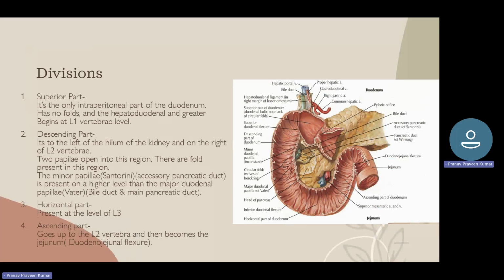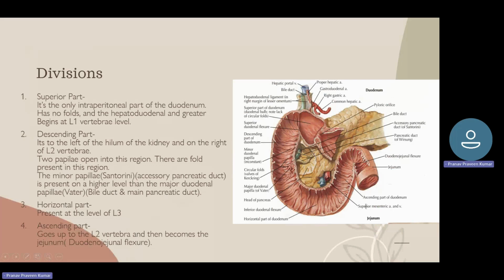And there's a minor one. If you can see, there's a small accessory pancreatic duct which opens up here. This accessory duct is known as the duct of Santorini, and the main one is the pancreatic duct of Wirsung. And that's about it for the descending part.